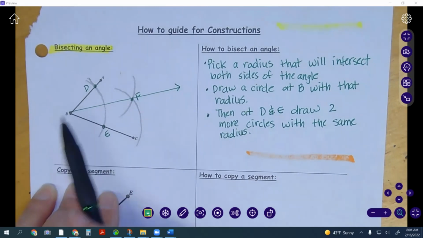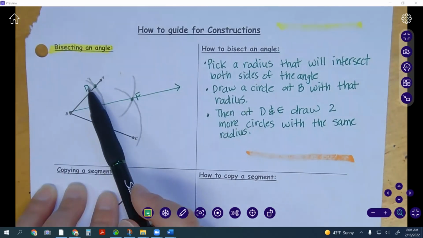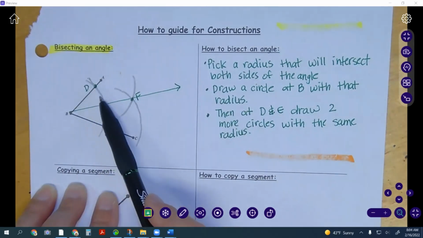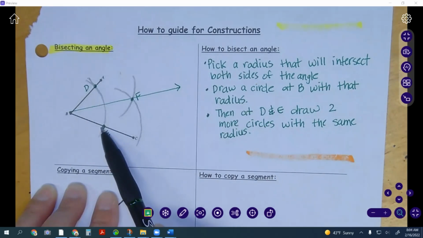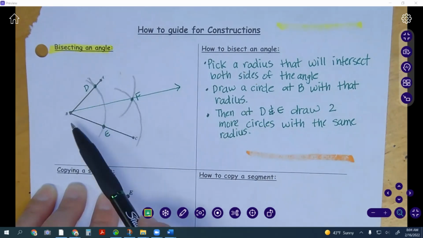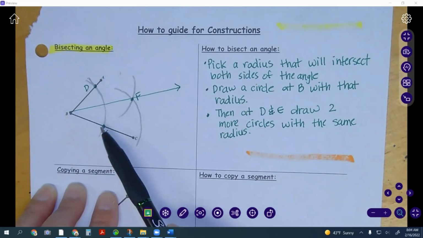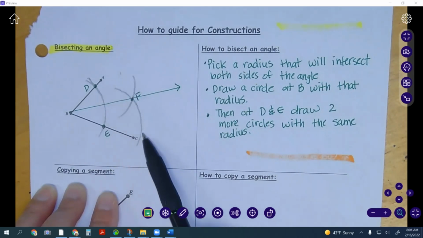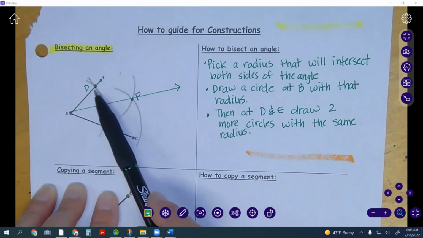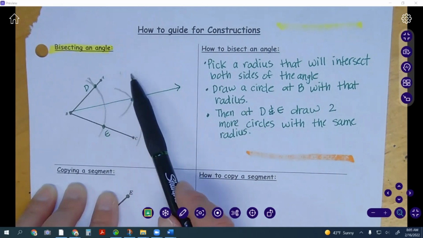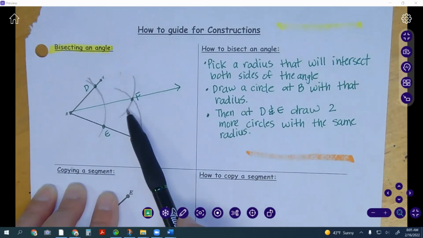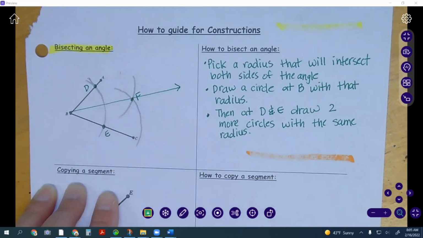So we got this point D and E when we had that circle intersect the angle. I kept the same radius that I used for that circle, and at E, I did another circle right here. Then at D, I kept that same radius and I did another circle right here. Where they meet is point F.